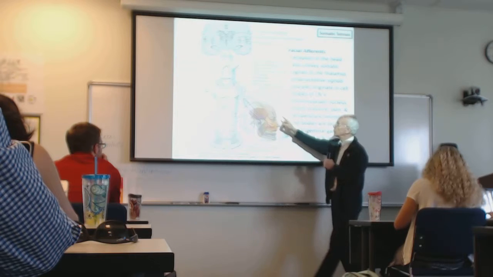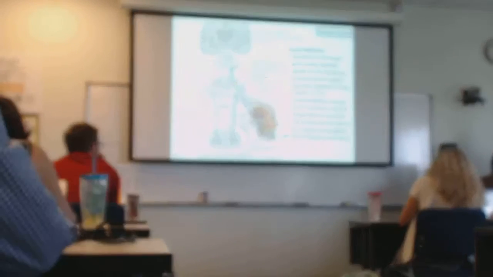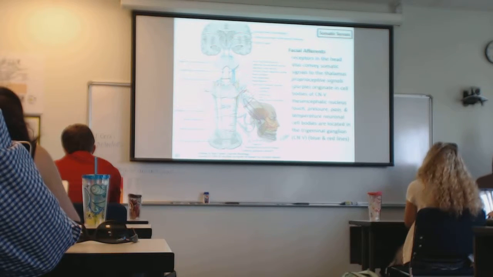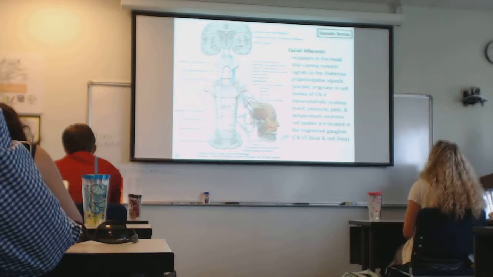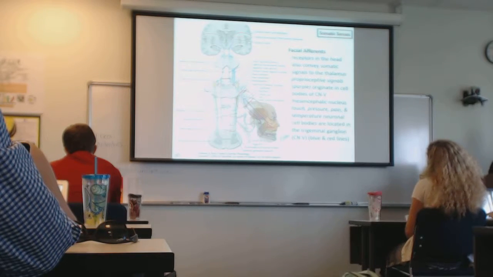And so notice, we have a good picture here. Look right there. I'm not going to ask you to make sense of this very complicated diagram. But what have I circled there?